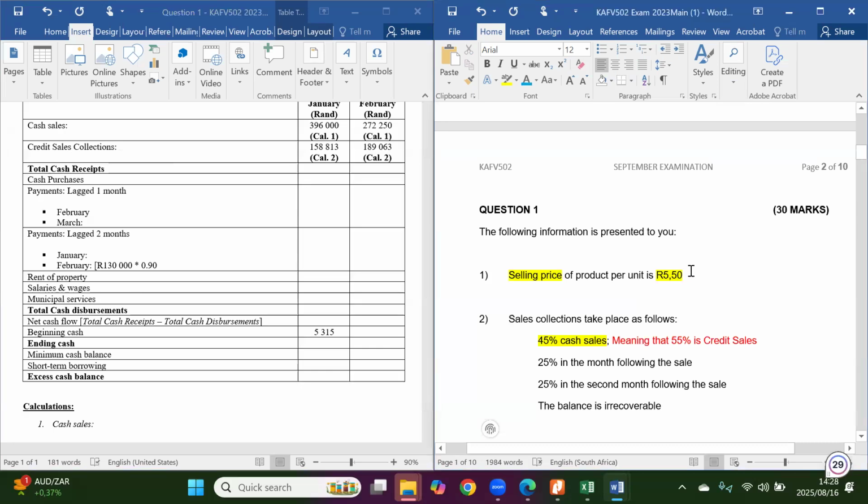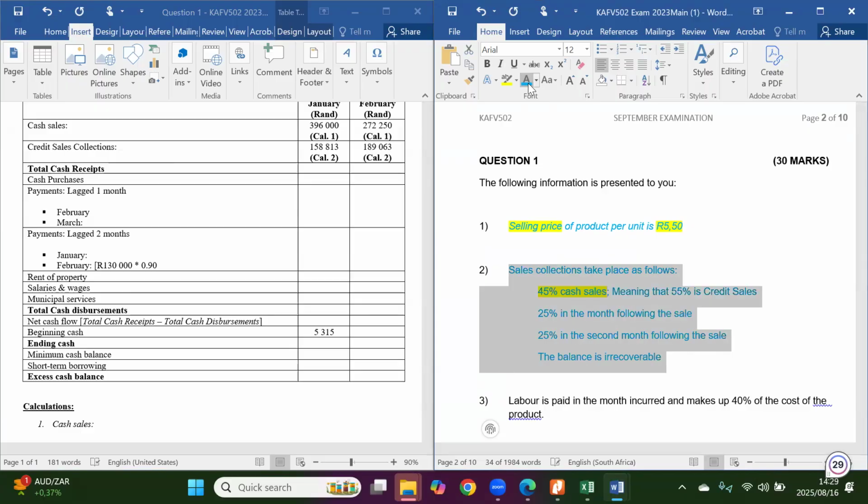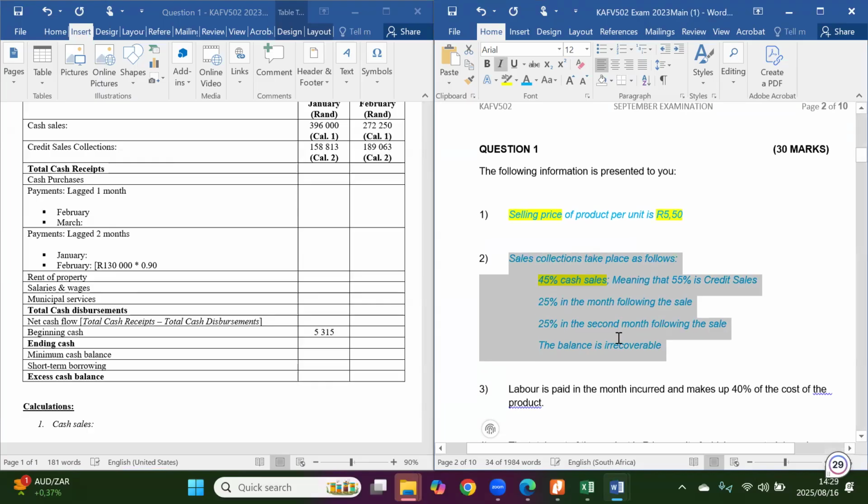As far as selling prices are concerned, this part is also done. Even this one we are done with it. There's nothing else about sales collections that we are going to deal with.